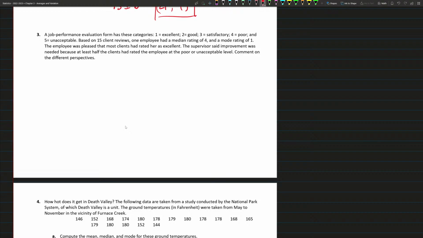So if we just think about this, the mode, that's the most repeated. Of the things that repeated, excellent was the top one, but the median was a 4. So half of the data is going to be above 4. So half the data is 4 and 5, and the other half is 1, 2, and 3.